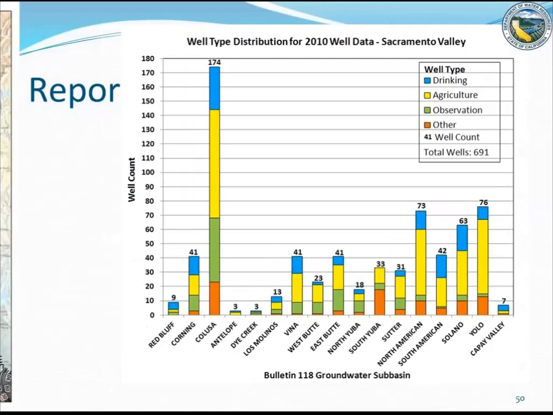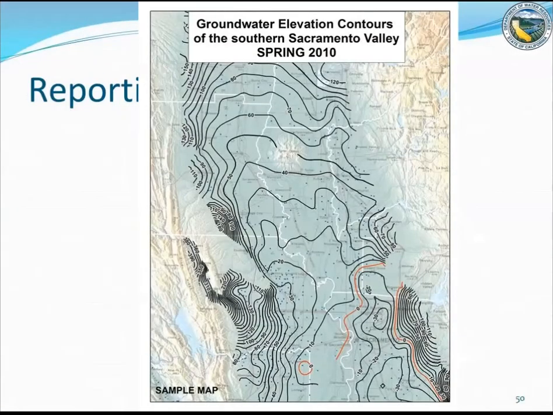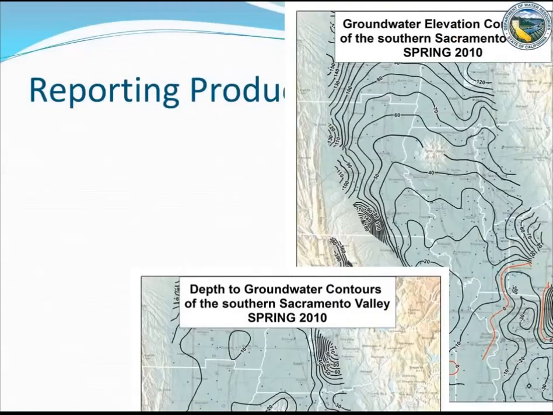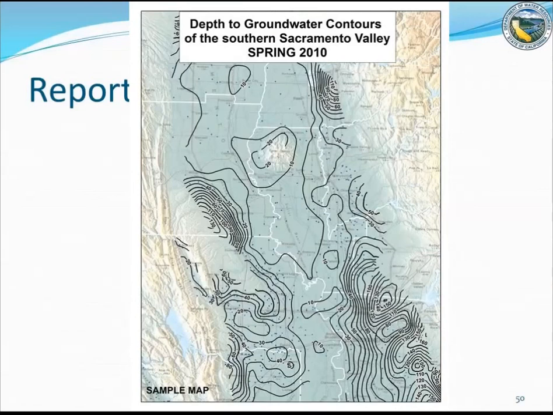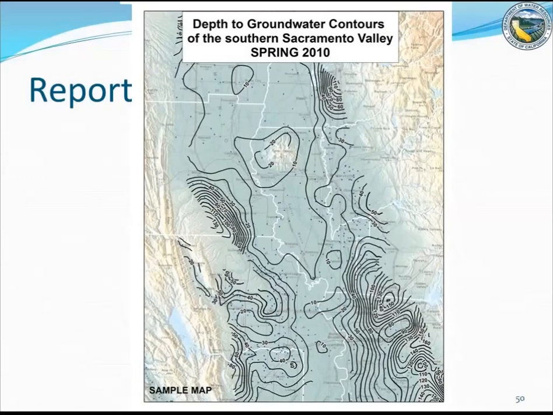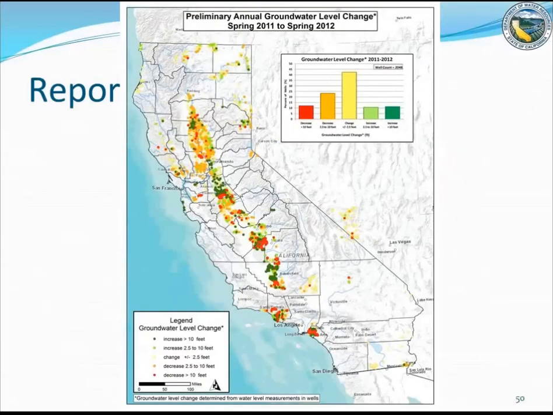Of course, we can create groundwater elevation contour maps. Another thing I didn't show you is that we can generate depth to groundwater contour maps, which is a very important way of looking at groundwater level data. We can create our change in groundwater level dot maps, as we like to call them.